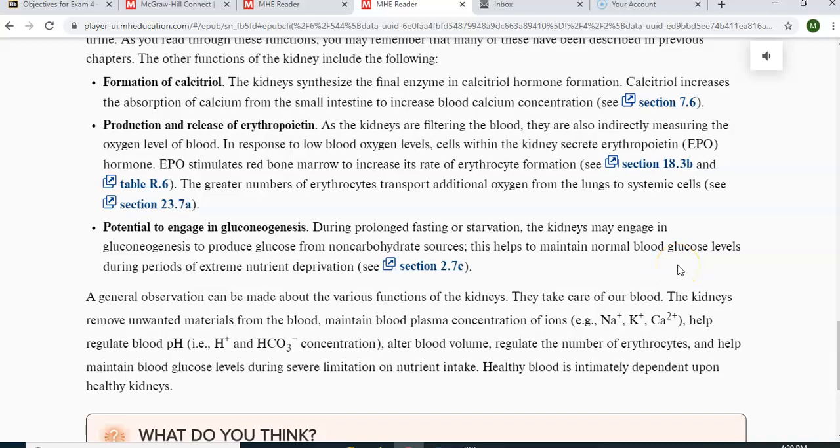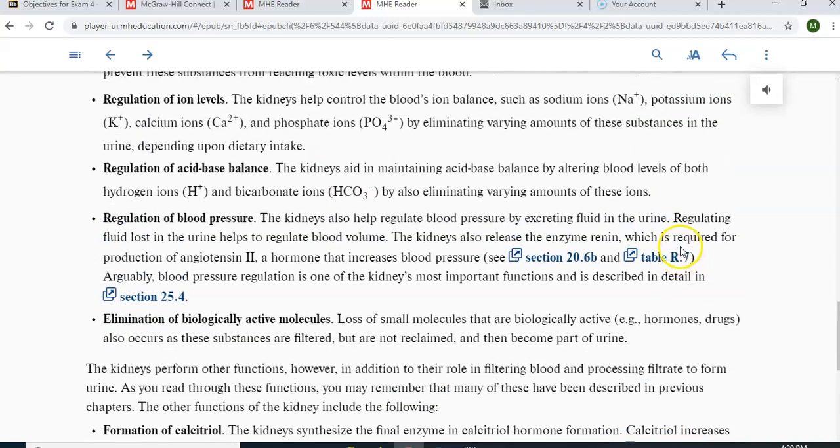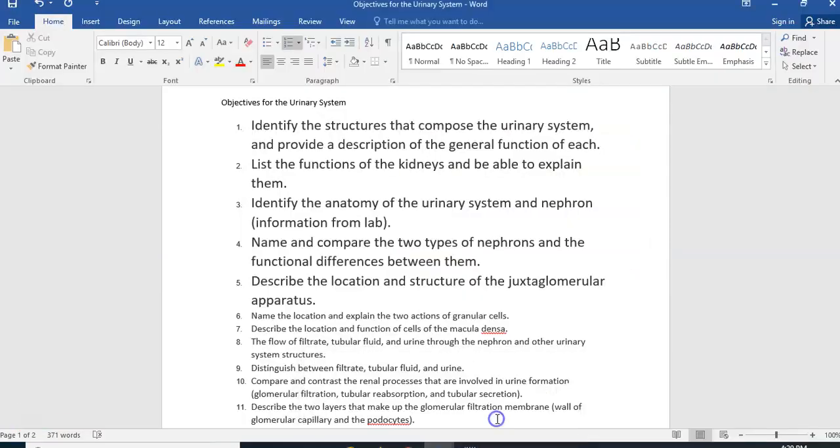So that's a function that may happen if we get into a situation where we're deprived of nutrients for long periods of time. All right, so those are our functions that you should be familiar with.